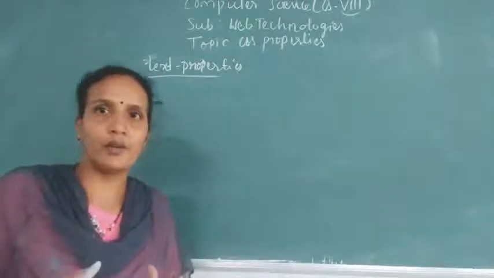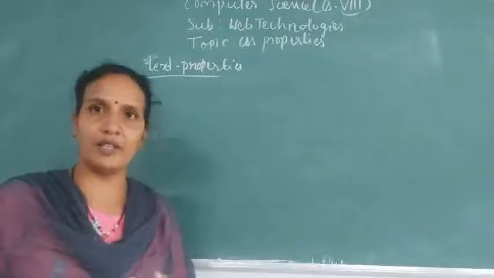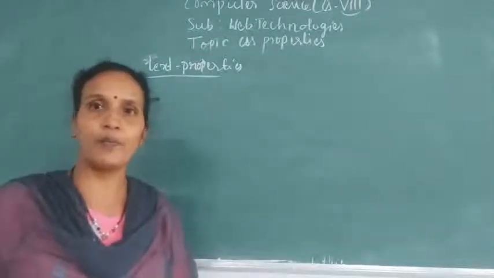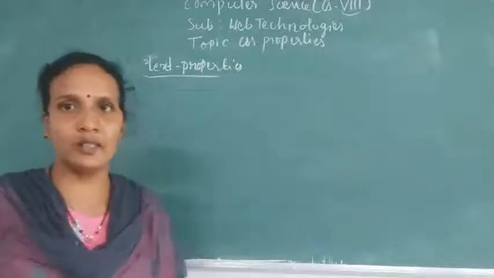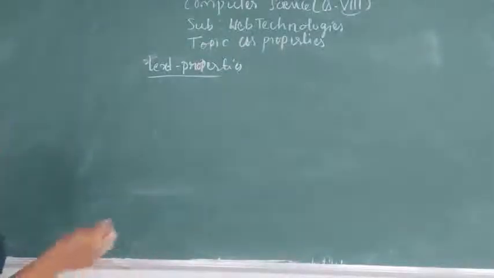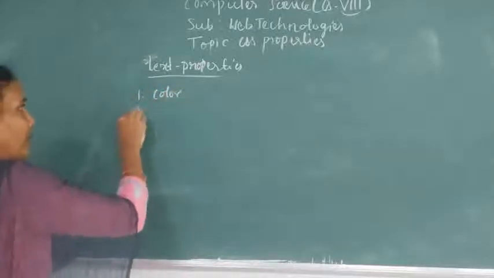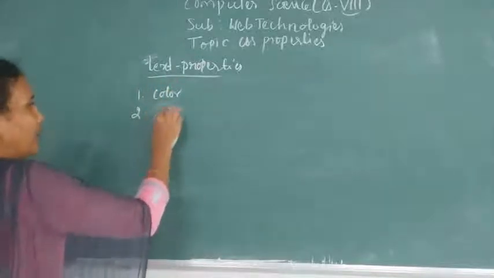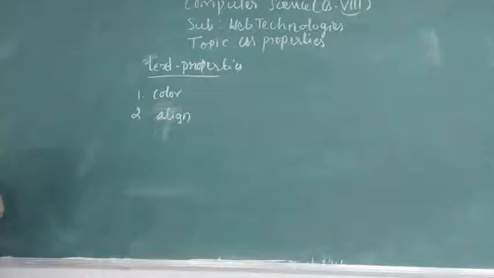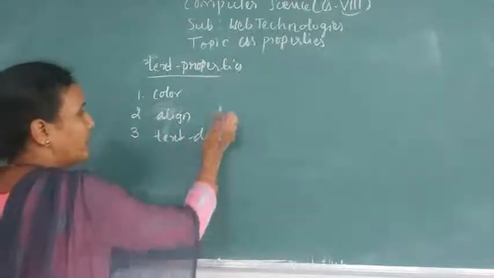All the text-related properties you will get inside the text properties: text color, text alignment, text shadow, text direction, underline, and so on. Now I will give you the list of text properties. First one is color, the second one is text-align, and the third one is text-decoration.